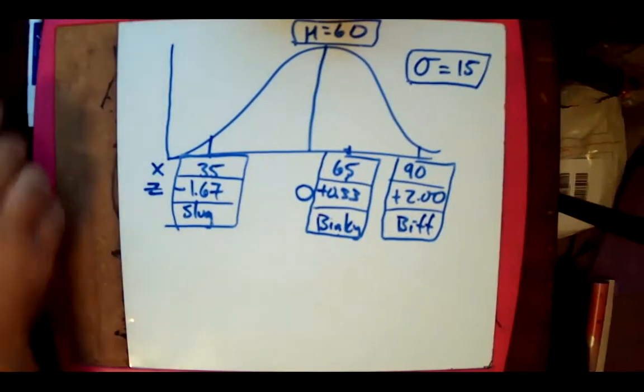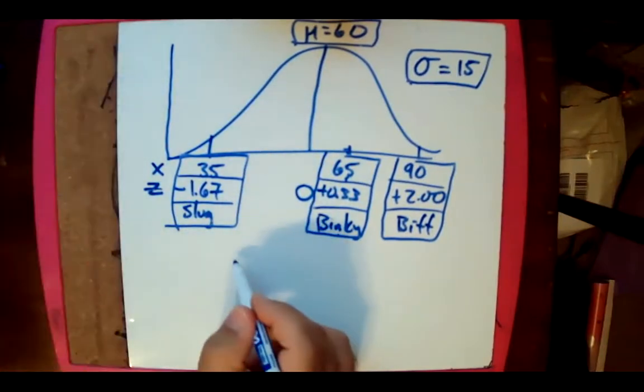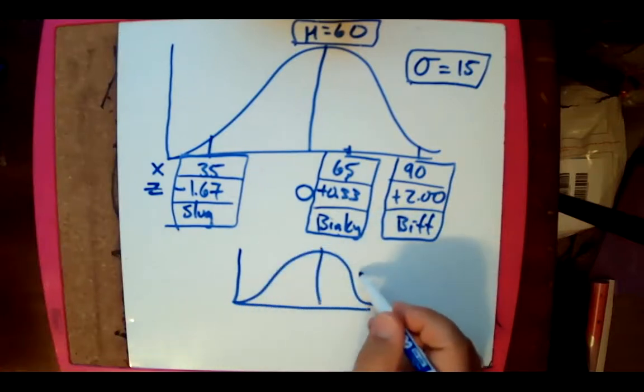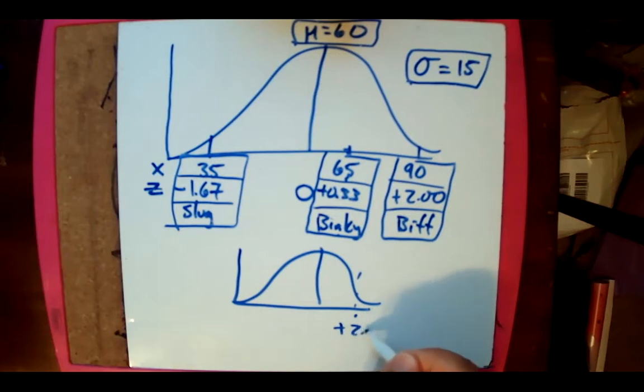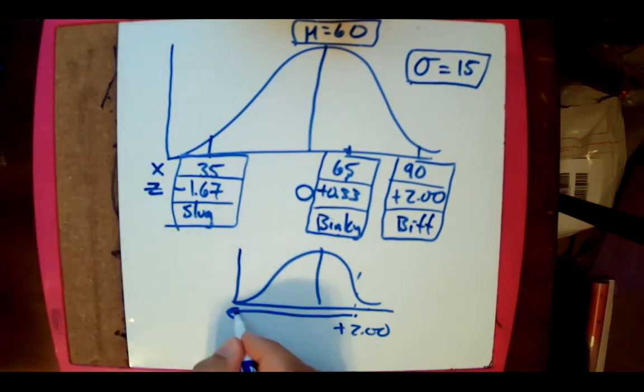So let's look at that for a sec. All right, 0.9772. We're talking about a lot of this distribution. Let me draw a new one without all this unnecessary info, right? If this is a +2 here, and we want all the scores to the left of that 2, that's the body.